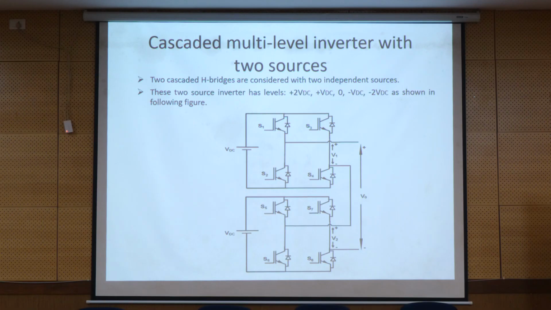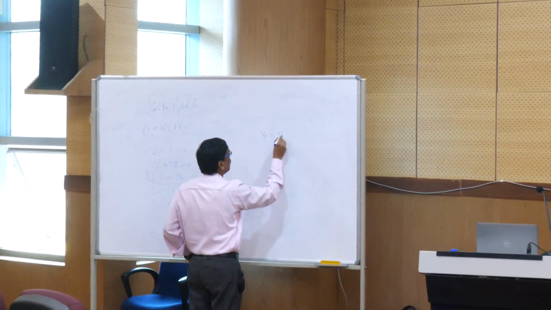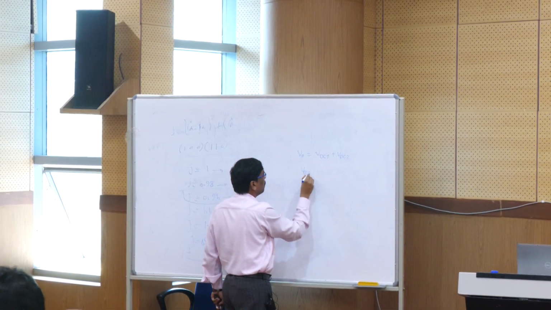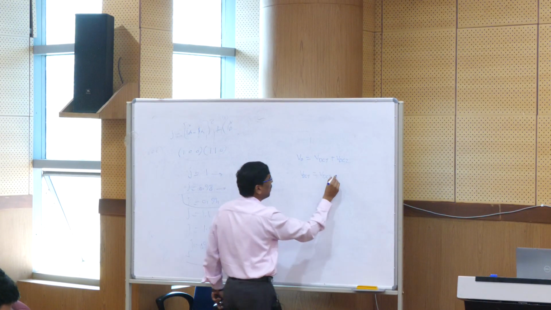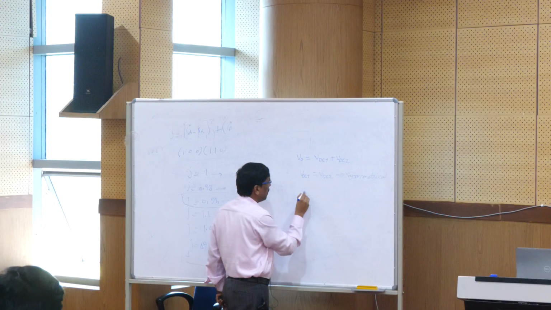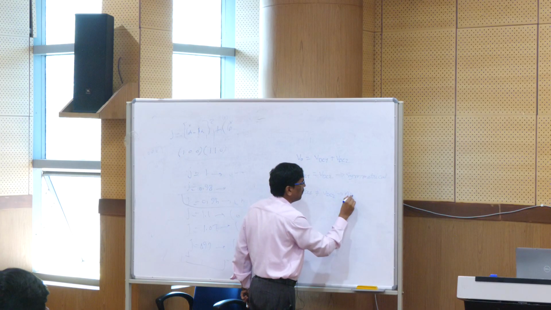If the two sources are not equal in magnitude, V output equals VDC1 plus VDC2. If VDC1 equals VDC2, then it is a symmetrical configuration. If VDC1 is not equal to VDC2, it becomes asymmetrical.